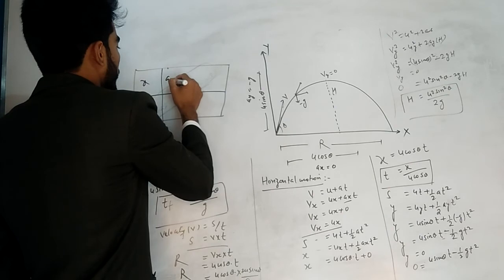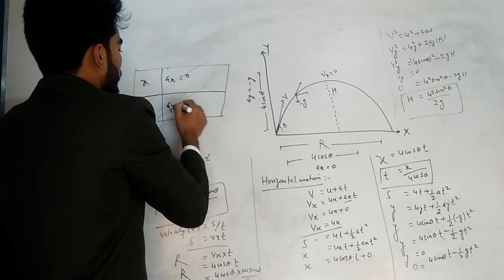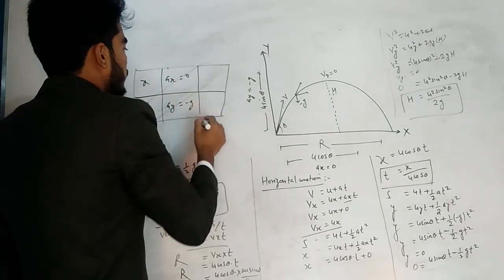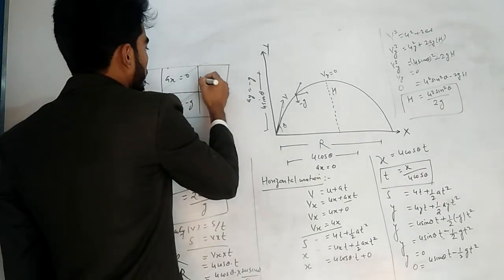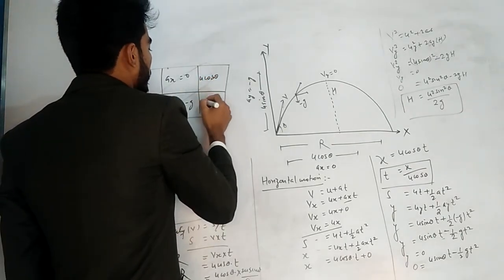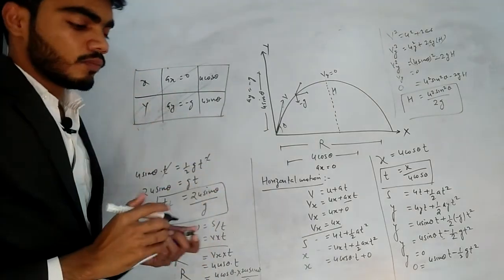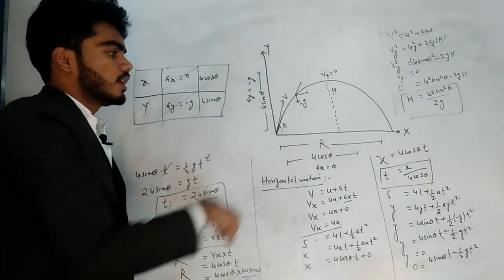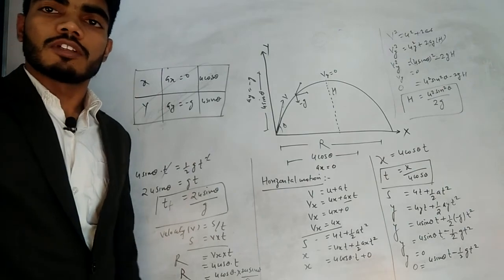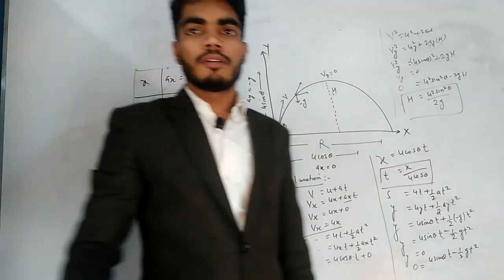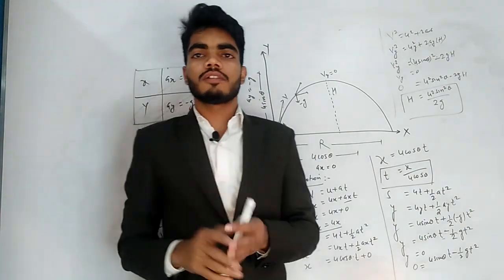In this direction, ax is equal to 0, ay is equal to minus g, and the initial components are u cos theta and u sin theta. Okay, so this is the basic equation from which we can derive projectile motion. So this is the basic definition of projectile motion.